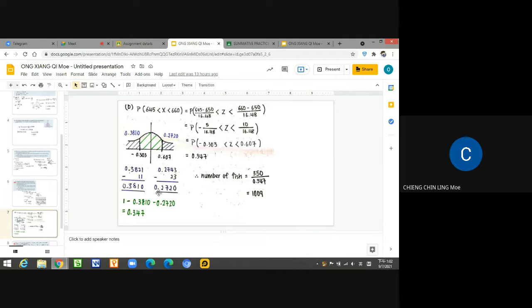We subtract these two probabilities from the total area under the graph, which is 1, so that the probability of the variable Z is equal to 0.347.